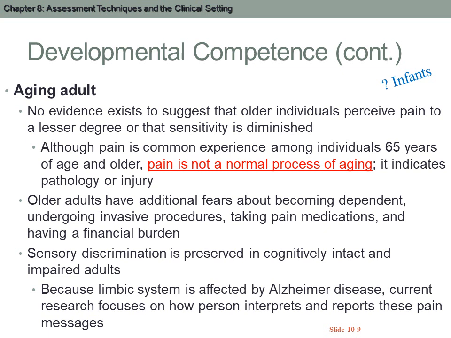So, do you think that older adults, as they age, experience pain? Do you think that that's a normal phenomenon in aging? Is that pain normal? No, it is not. Just because our age is increasing doesn't mean that we should experience pain. Again, pain is a symptom of something occurring.